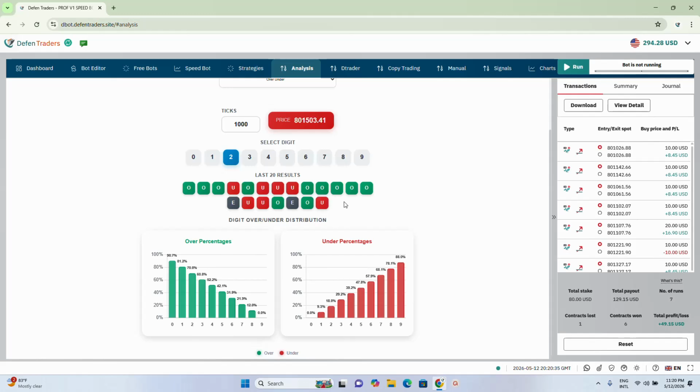Just make sure that the graph at digit 4 here on the over percentages is above 51% increasing, and then the entry point is 2 or 3 unders, then you join the market over. That is your entry point. Okay, so just trade and make money.